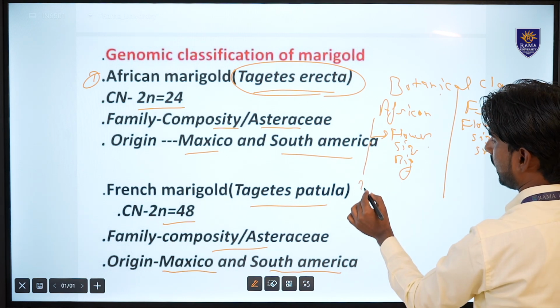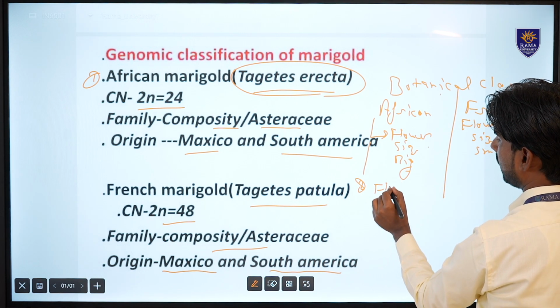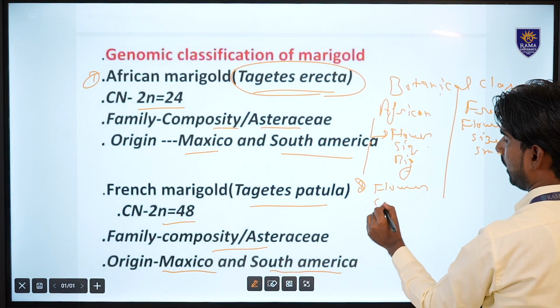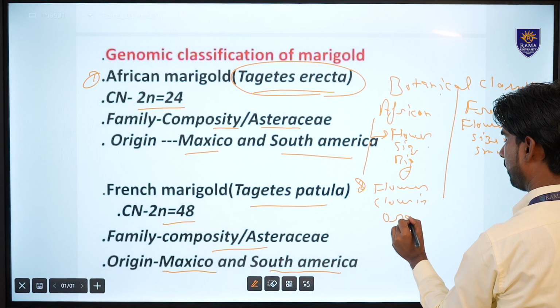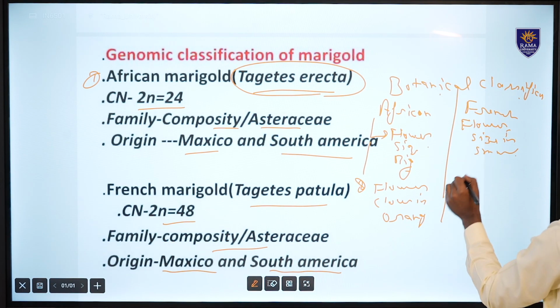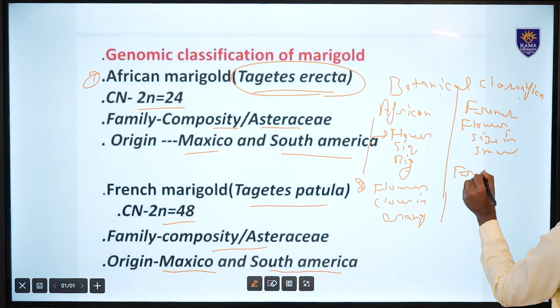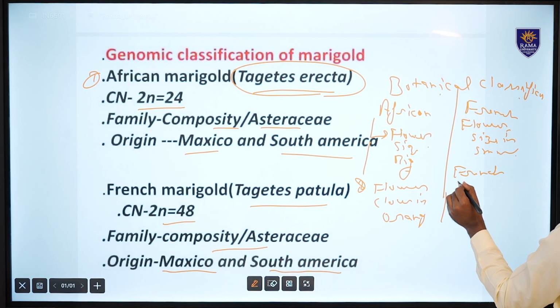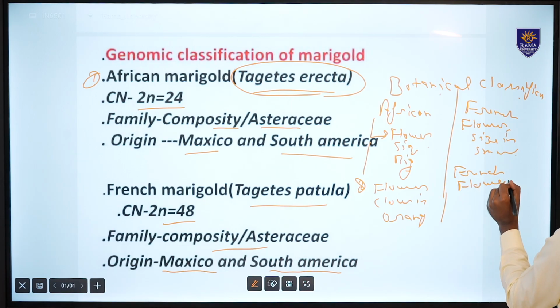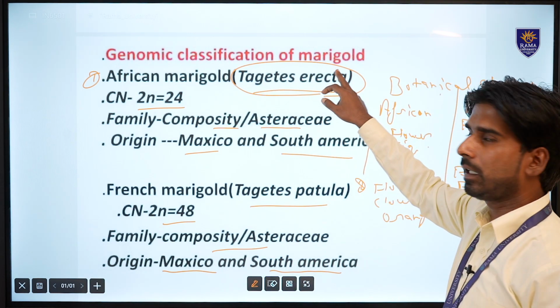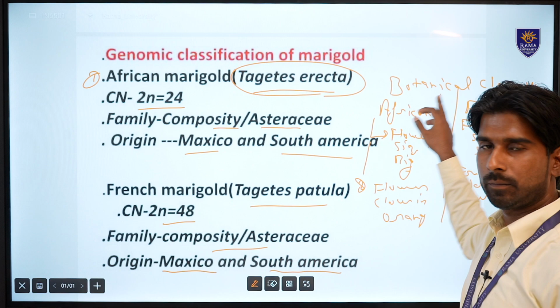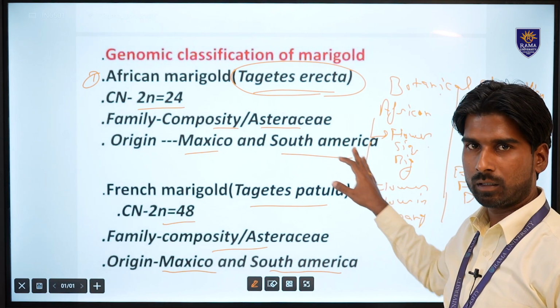And the second thing is the flower color: African is orange, and French flower color is dark red. This is the genomic classification and the botanical classification of the plant.